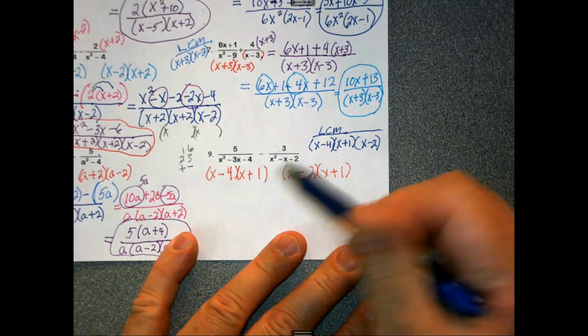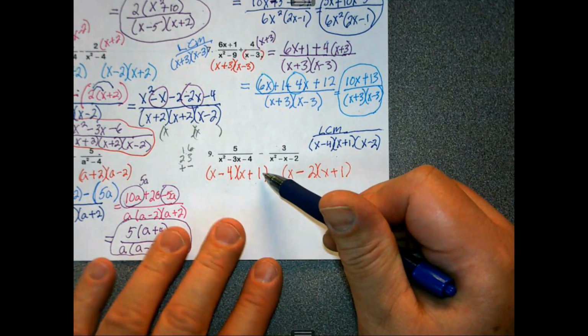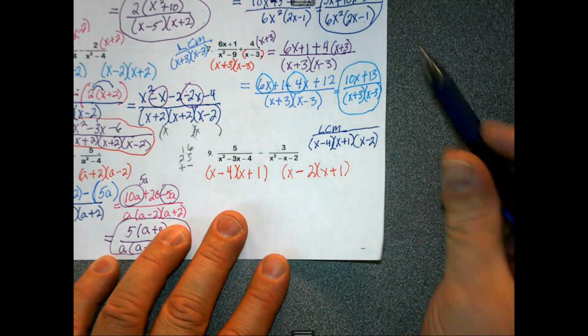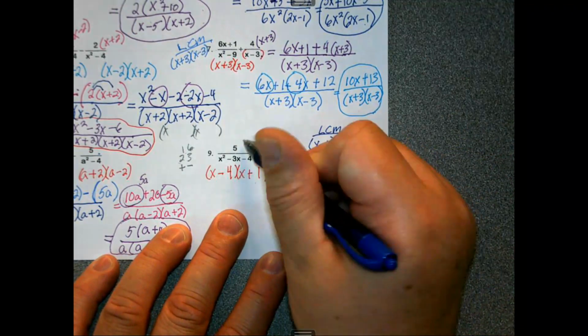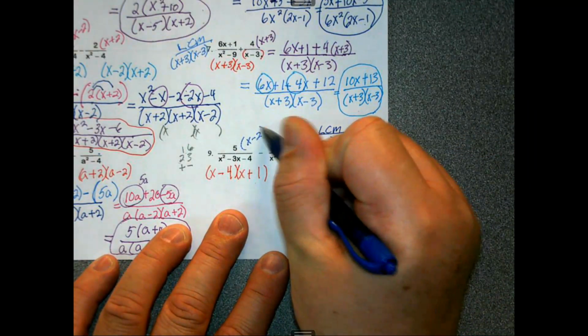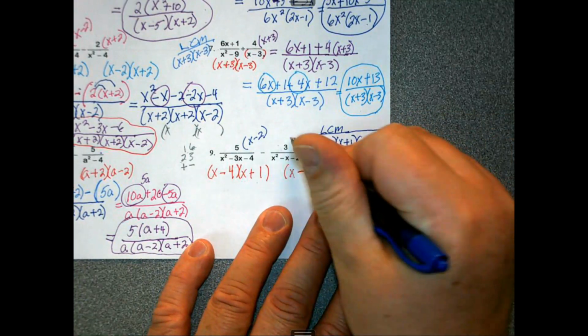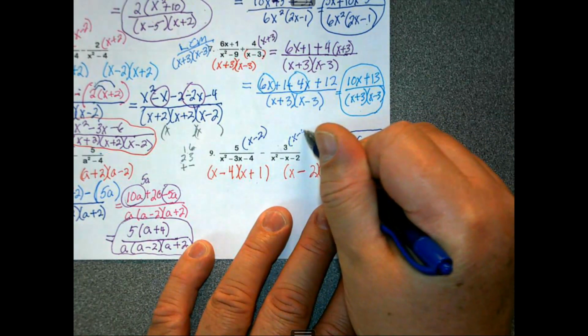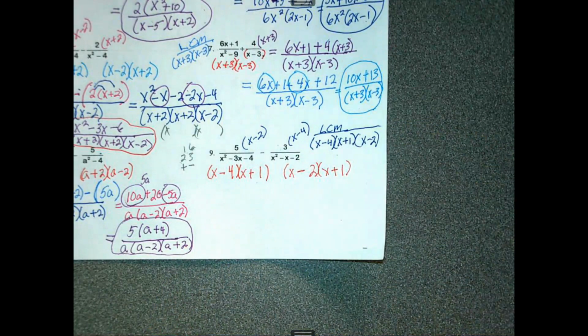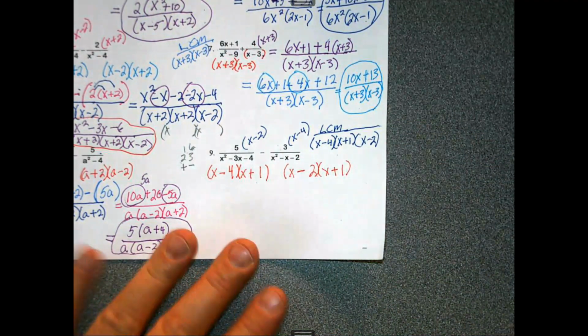All right, so in this first fraction, I'm missing the x minus 2, right? In the second fraction, I'm missing the x minus 4. I'm going to go ahead and distribute and rewrite it.